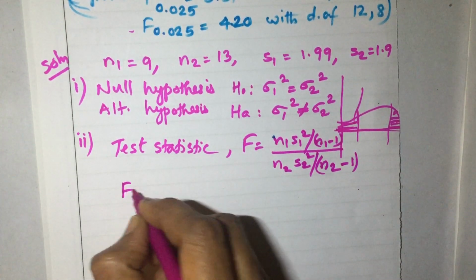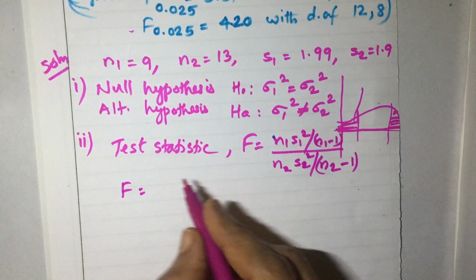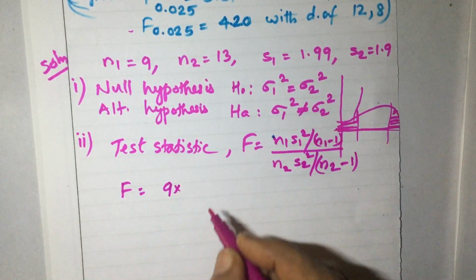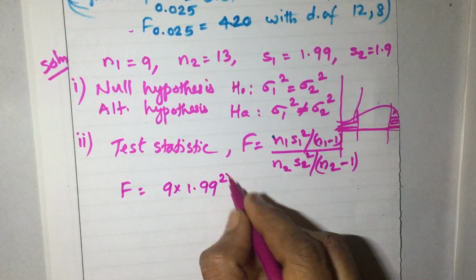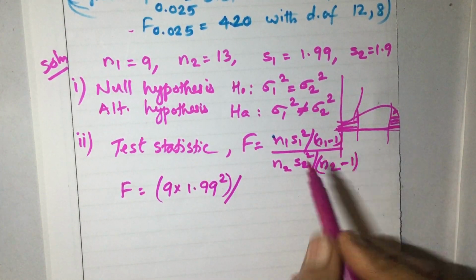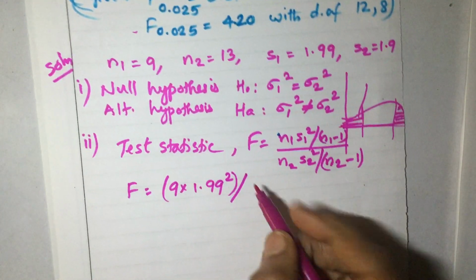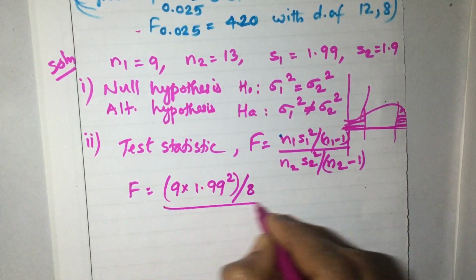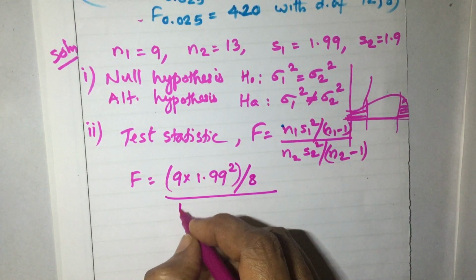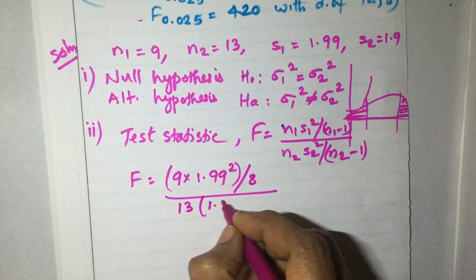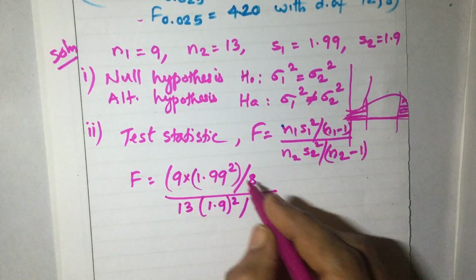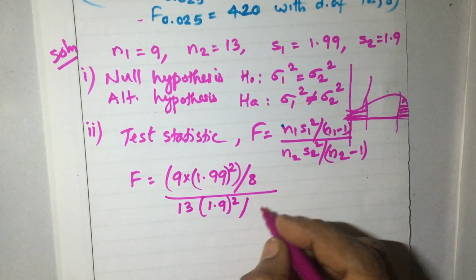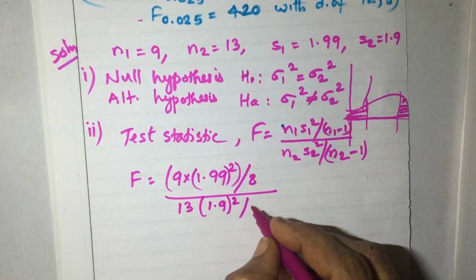Please refer to the previous lessons' notes before solving this one. So F is equal to n1 is 9 into 1.99 square, n1 S1 square divided by n1 minus 1, 9 minus 1, 8, divided by n2 S2 square, 13 into 1.9 square, divided by n2 minus 1, 13 minus 1 is 12.